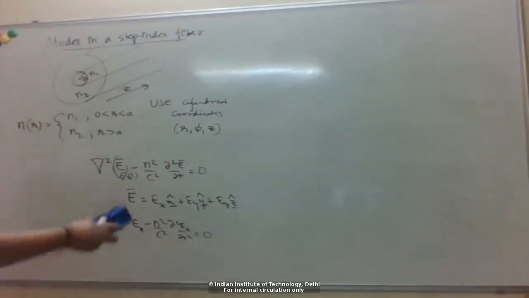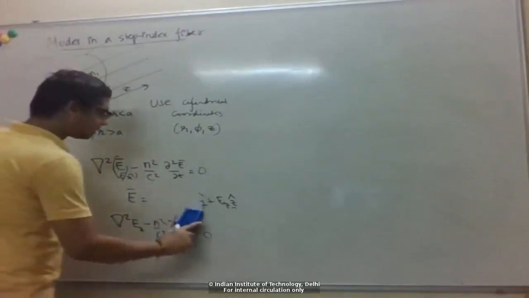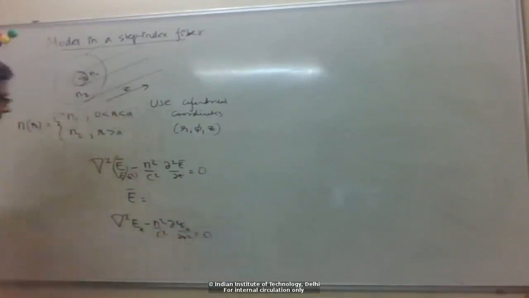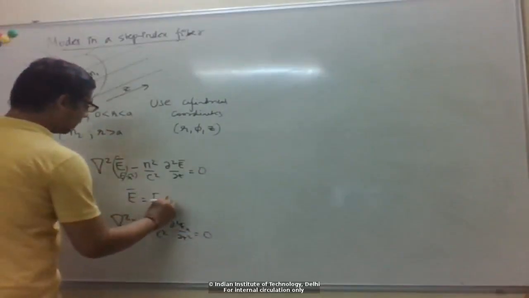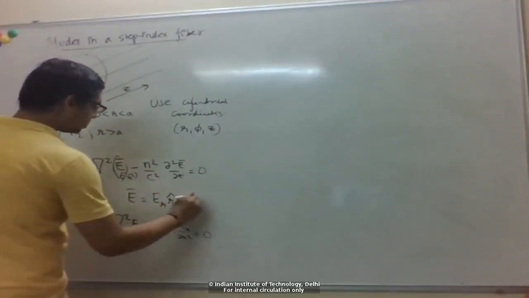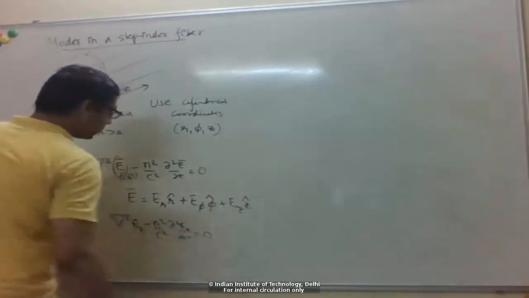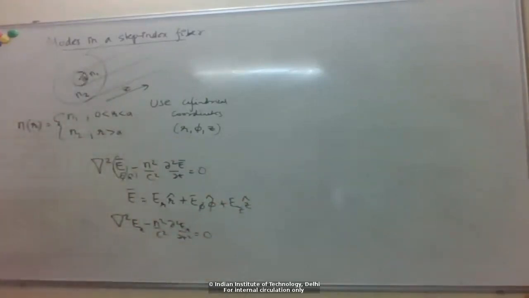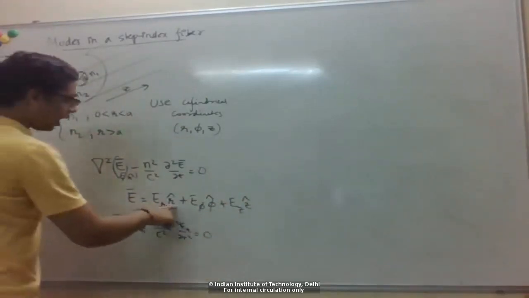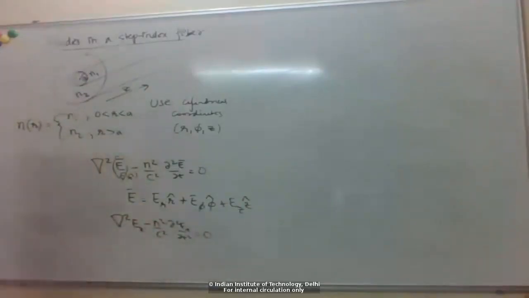But now if I go to cylindrical coordinates, and write this as Er times r cap plus some E phi times phi cap, then the problem here is that these r and phi vectors are actually not constant vectors.